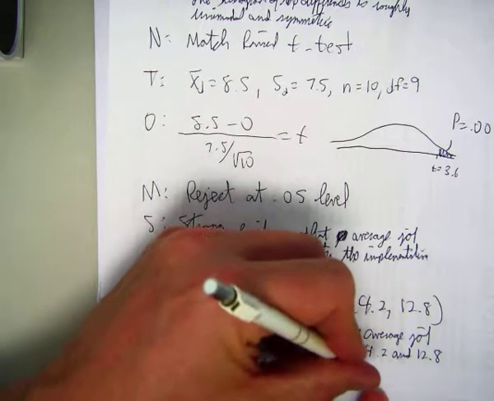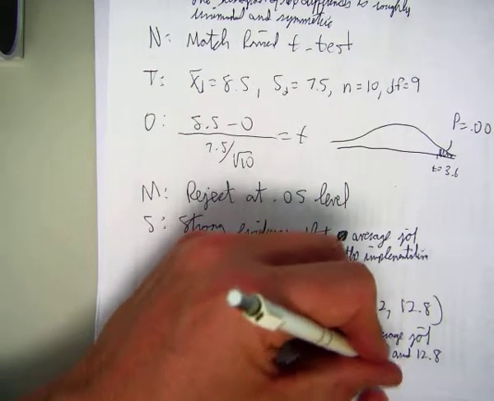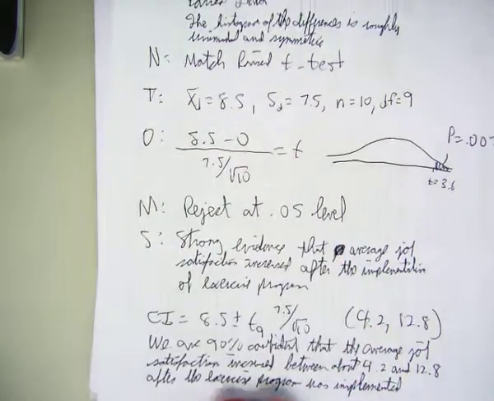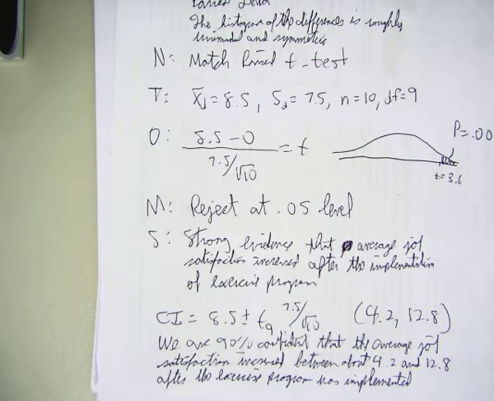So for each person, the average job satisfaction increased on average about 4.2 to 12.8 points. Okay?